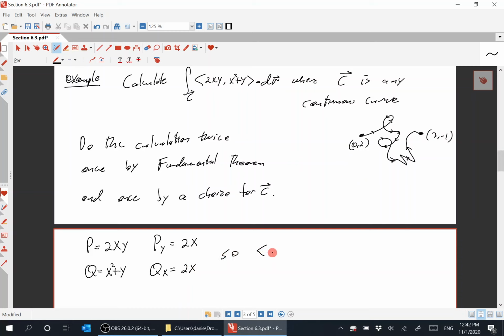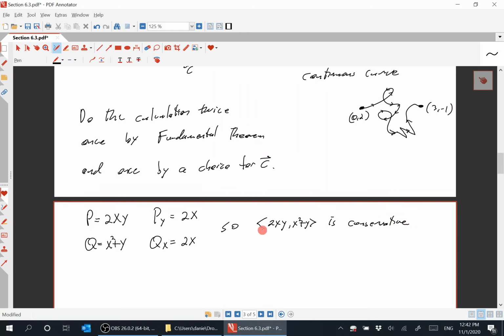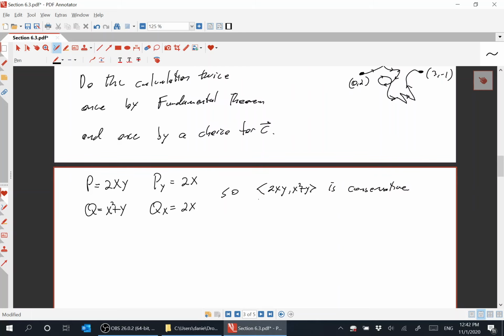So this vector field is conservative. It should be the gradient vector field for some potential function. The derivative of P with respect to y is 2x, and the derivative of Q with respect to x is 2x, and those are the same.